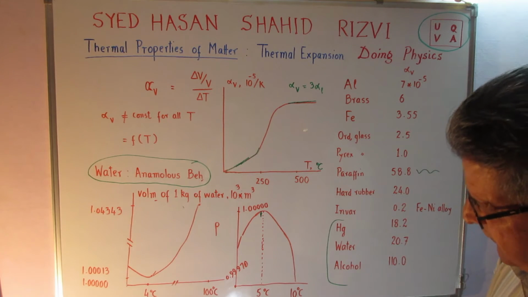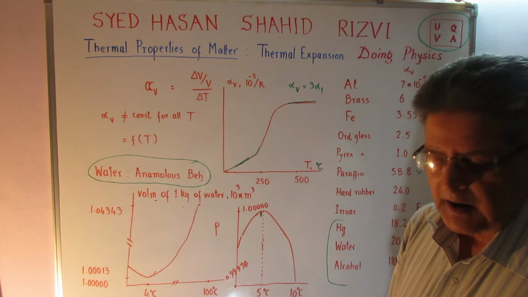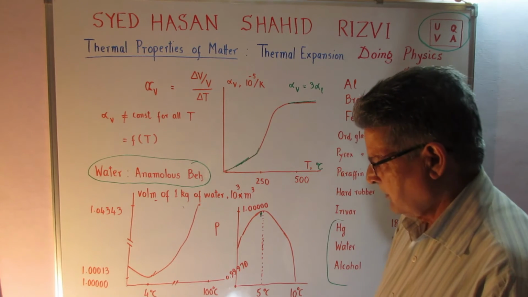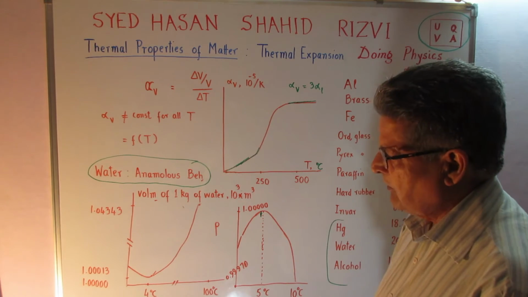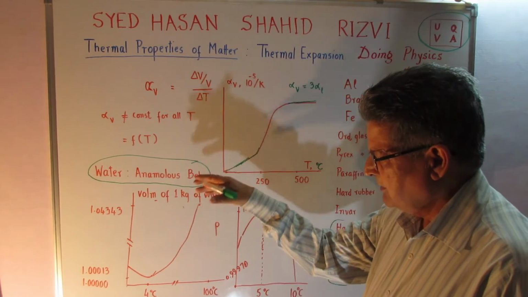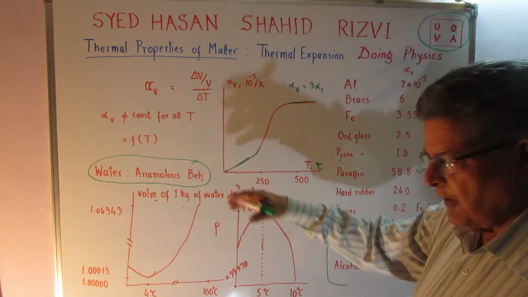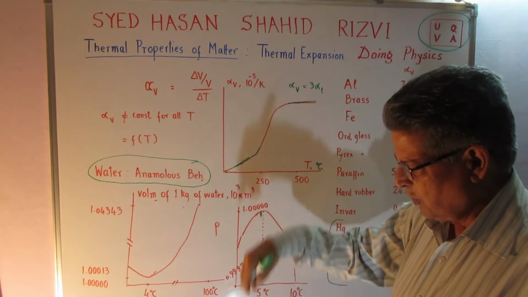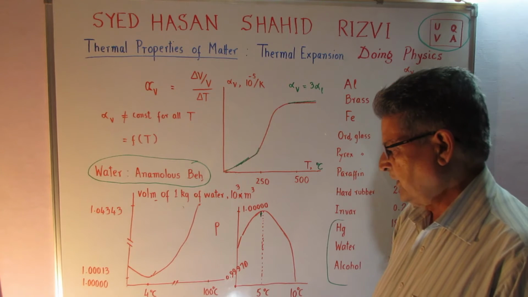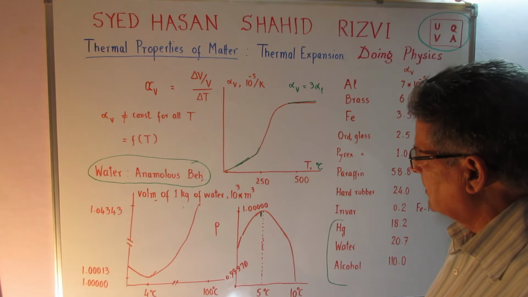Now this anomalous behavior of water is very useful to the environment, in that in water bodies, when the temperature falls and falls, first the upper layer is made into a solid form, and the heavy water goes inside, and along with it go the marine objects which live inside, like fishes and other beings.